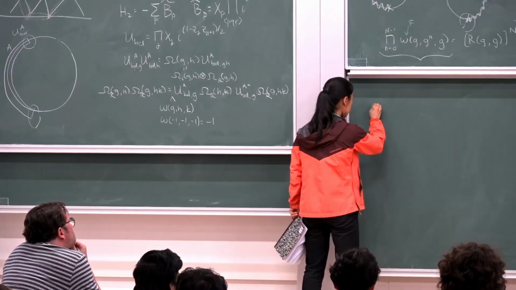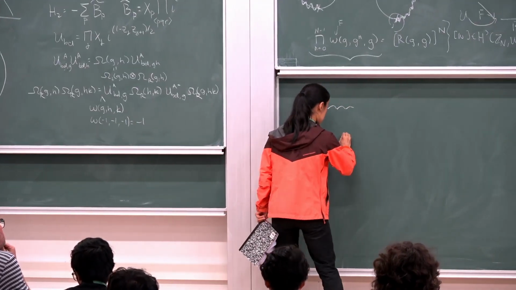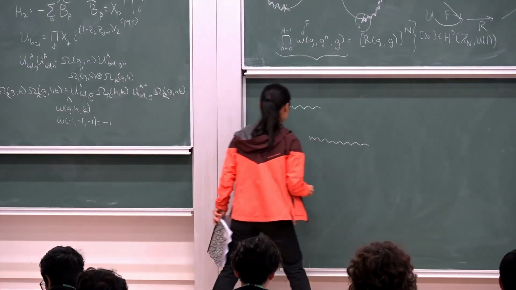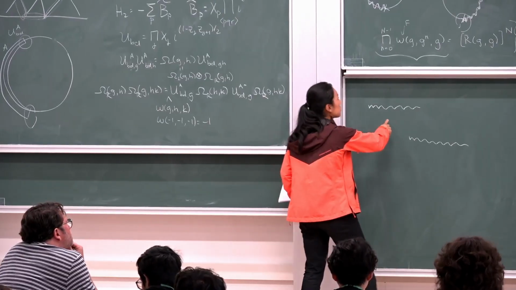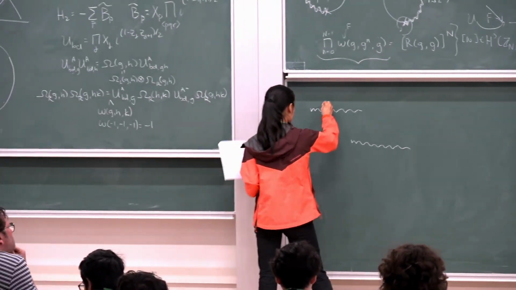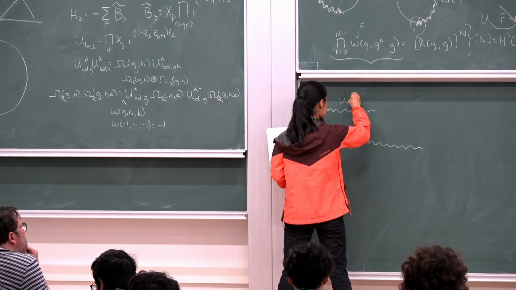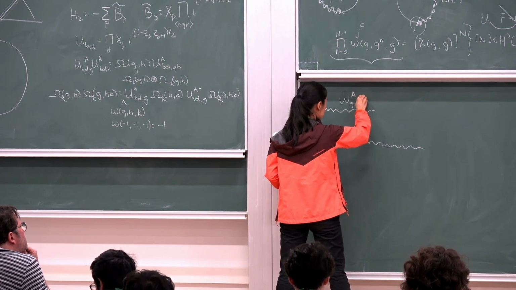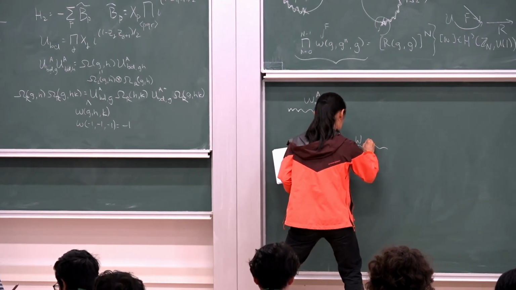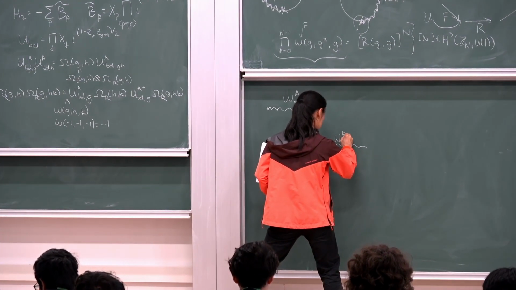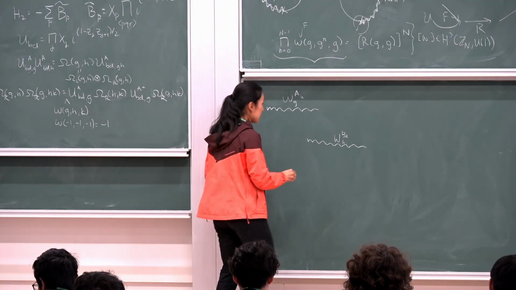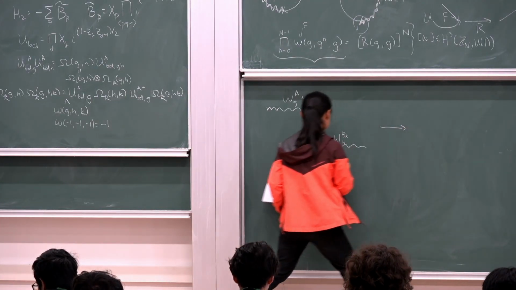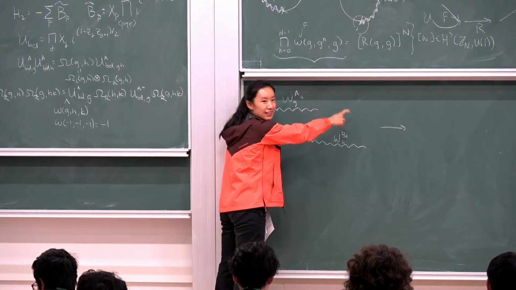In the first step, we act with these two 1D flux insertion operators. And then in the second step, we want to move this guy around this guy, right?